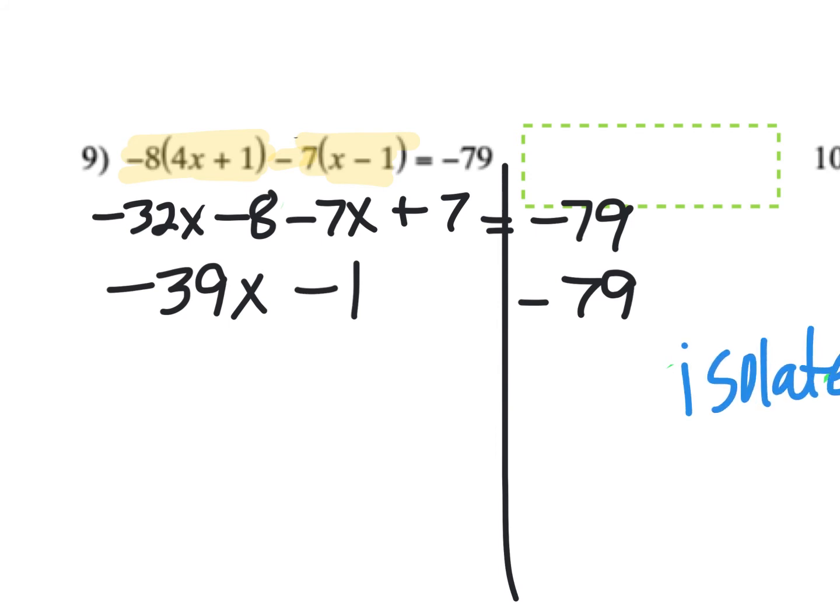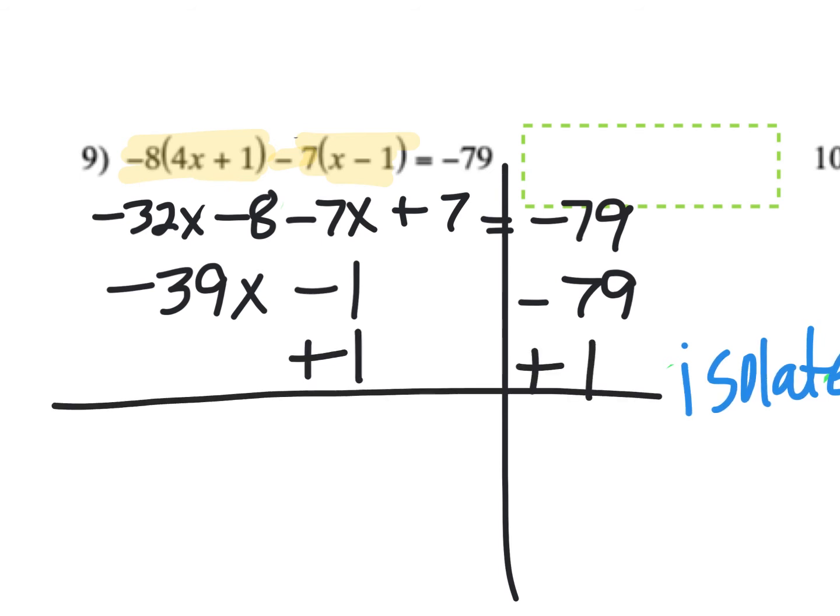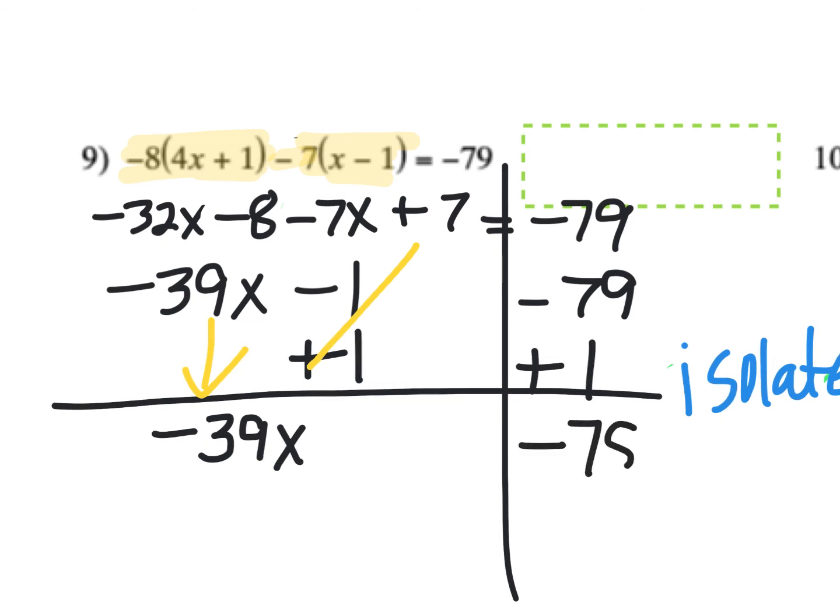So I'm going to get rid of that -1 with a +1 on both sides. So that cancels. The -39x needs to come down. And then over on the right-hand side, -79 plus 1 is -78.